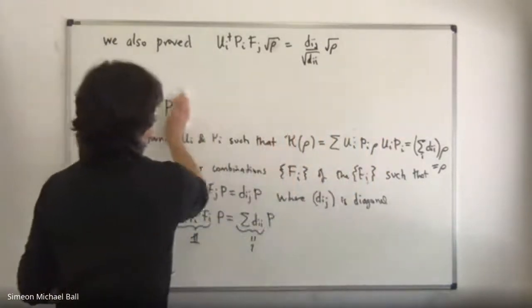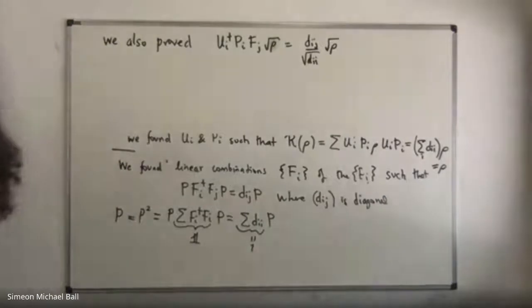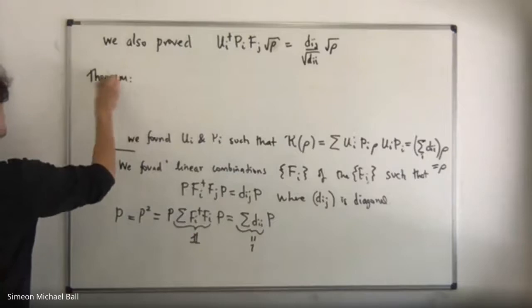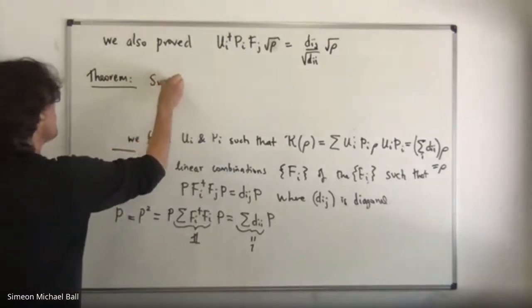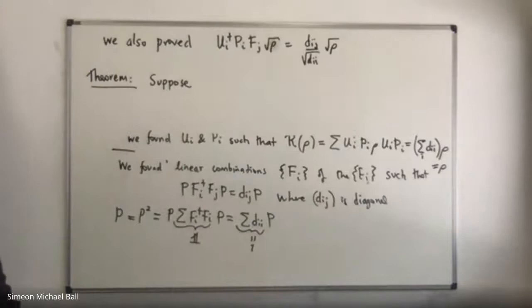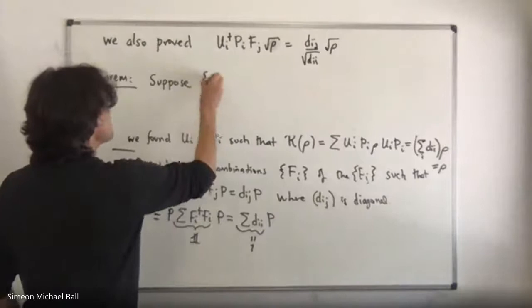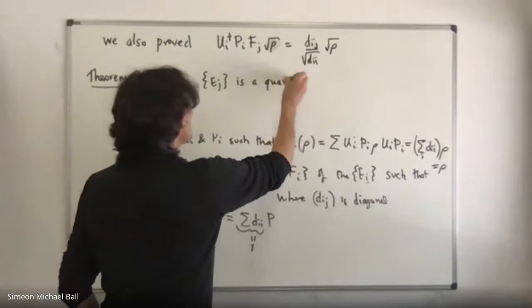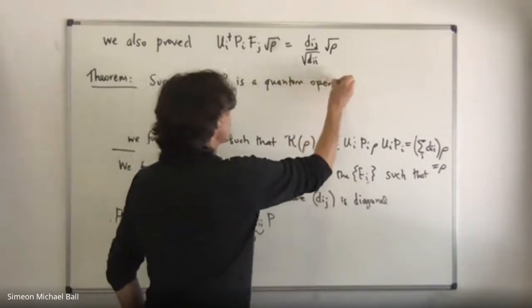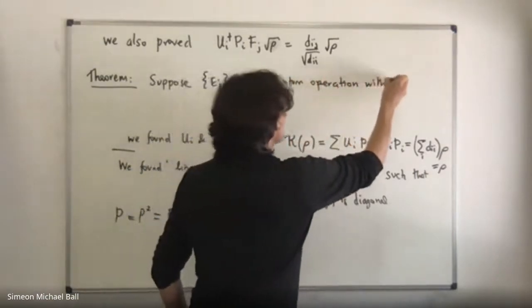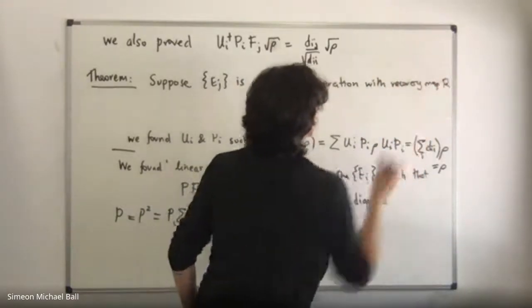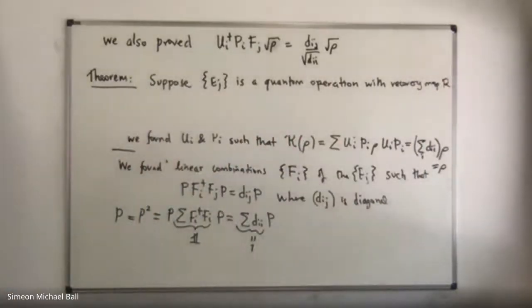So this will be a theorem. And this theorem is called discretization of errors. So we suppose E_j is a quantum operation, and it has a recovery map R. Okay, so that's from the last theorem.